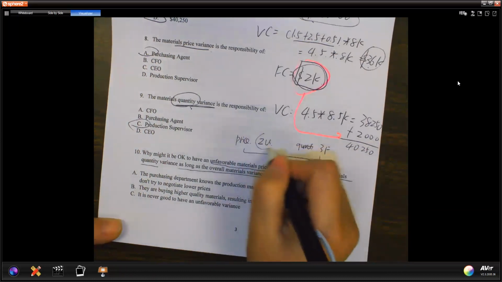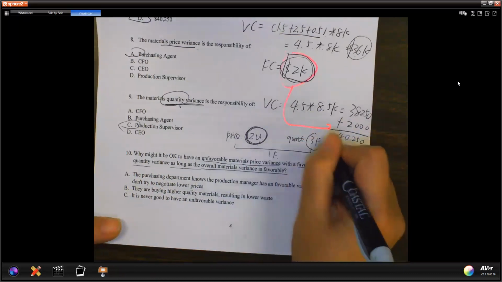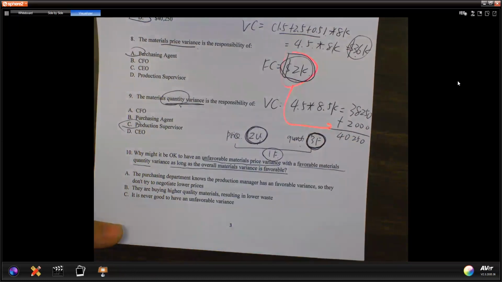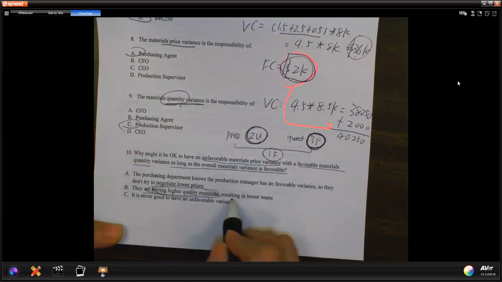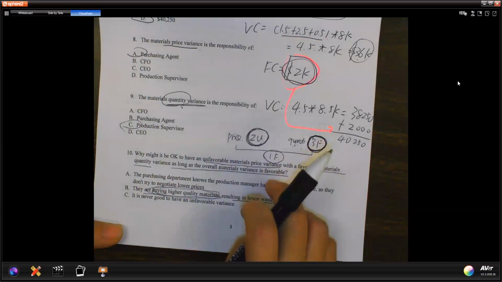You paid a little bit higher price, but you get a good quality. So you save the quantity, and overall you still save money. So it's okay, right? They are bringing higher quality material. That's the reason it's a little bit more expensive. But you have a lower waste. That's the reason you have a better quantity variance. So overall, it's still favorable.